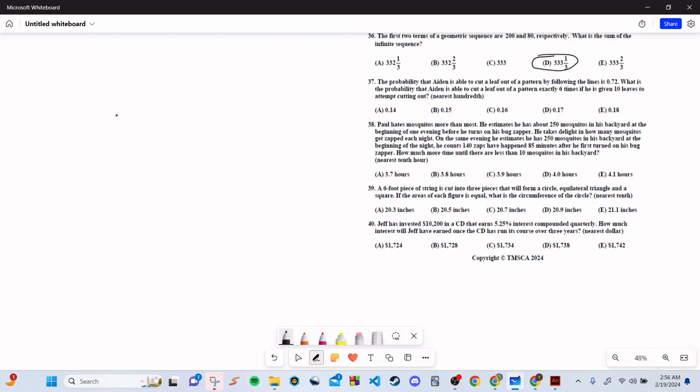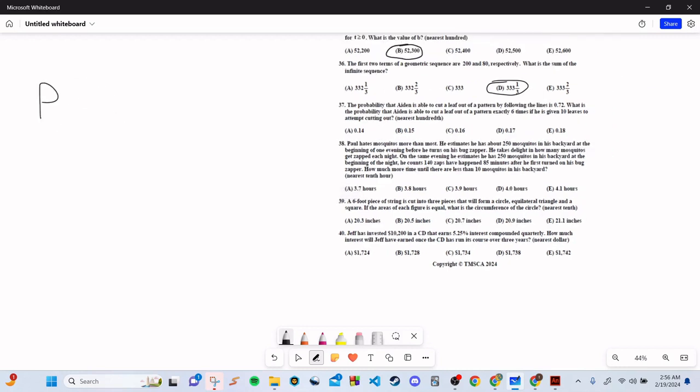Alright, so it's just the probability that he does this thing. P of A, that's 0.72. We want to know the probability he's able to cut it exactly 6 times. So here's a question: how many ways can he cut it 6 times? Let's say he successfully cuts it 6 times.